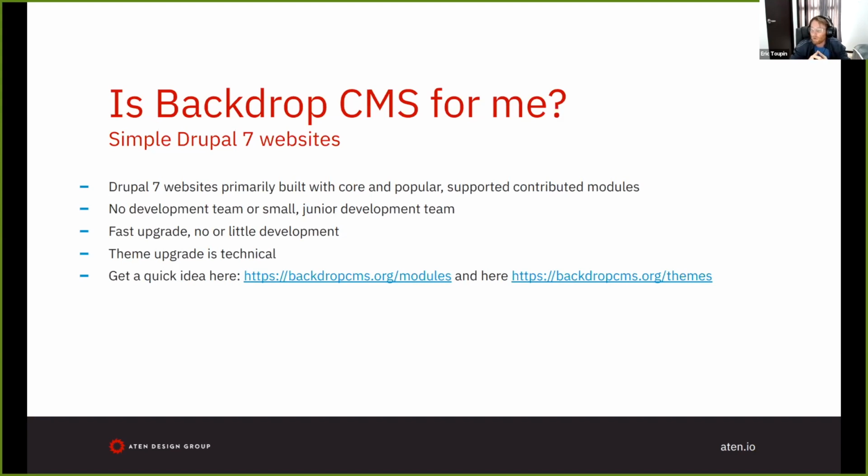Something I want to point out real quick here is that upgrading a theme from Drupal 7 to Backdrop is always technical. You do have to write code. If you have a custom theme and you're married to it, you'll absolutely need to upgrade that with a developer. On the other hand, if you've chosen an out-of-the-box theme and you're willing to choose another one or the same one that's been converted to Backdrop, then you're back in that kind of no-code zone where you can upgrade just by point and click.